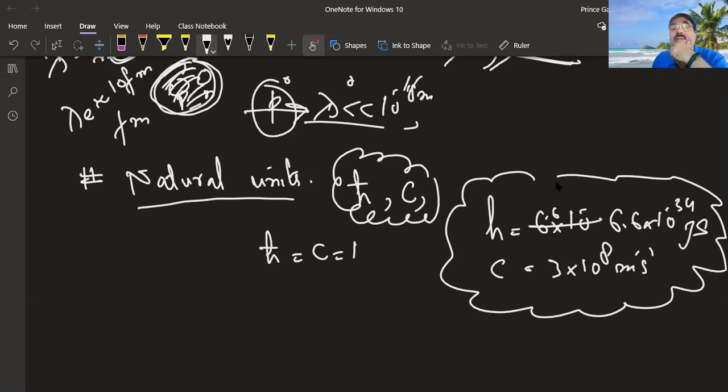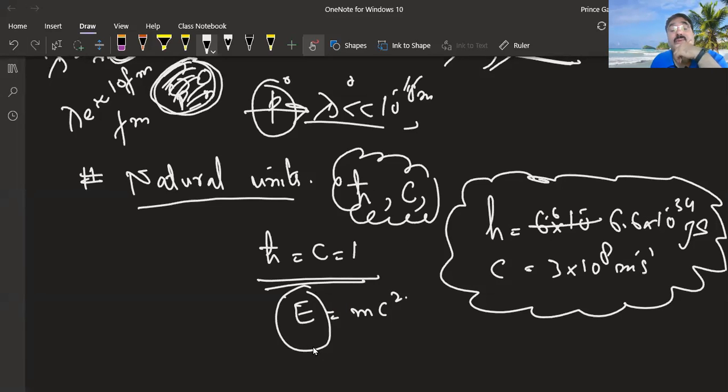These are the SI units, right? And in natural units, we put them equal to one. So when I do that, I have a new system of units, and that system of units where h and c become one is called the natural system. And in the natural system, we have this famous equation E equals mc squared.